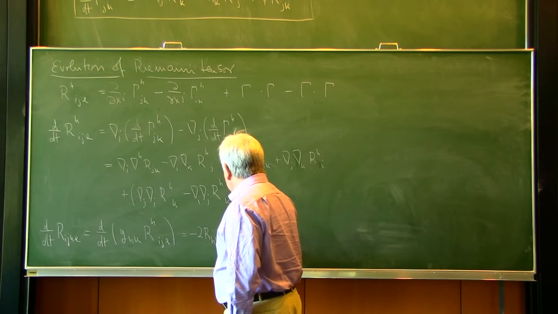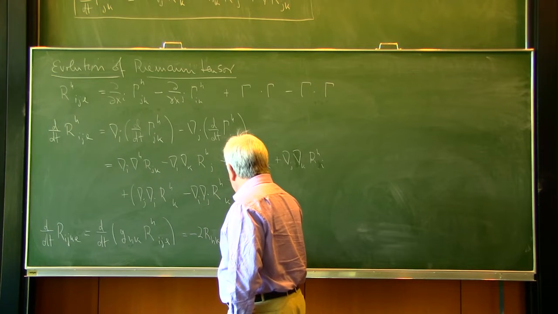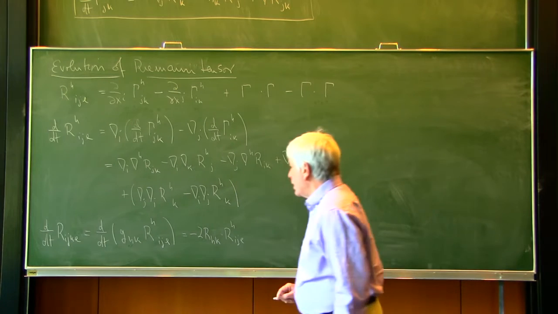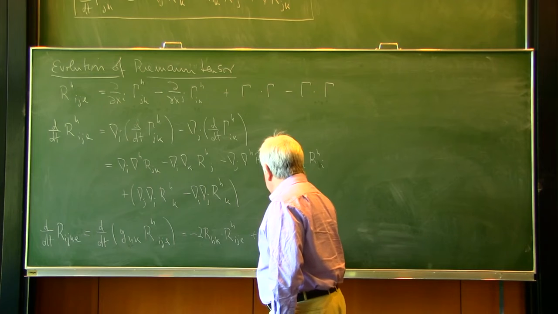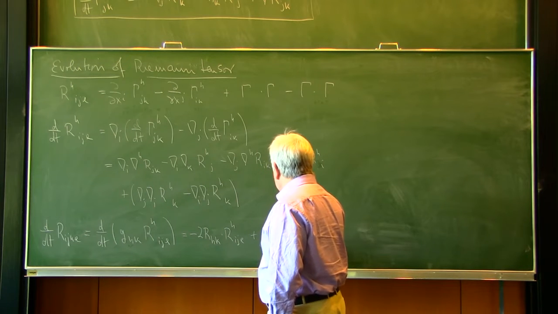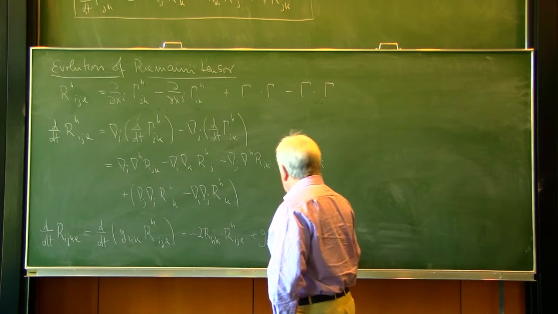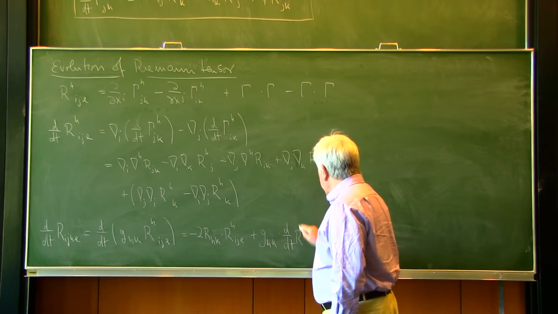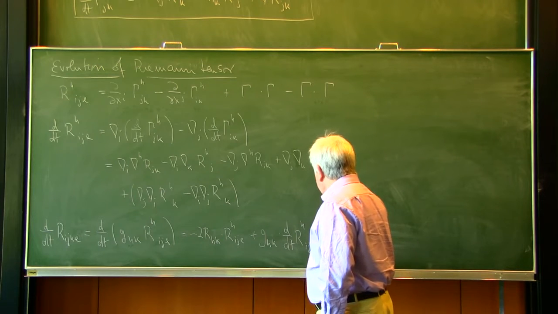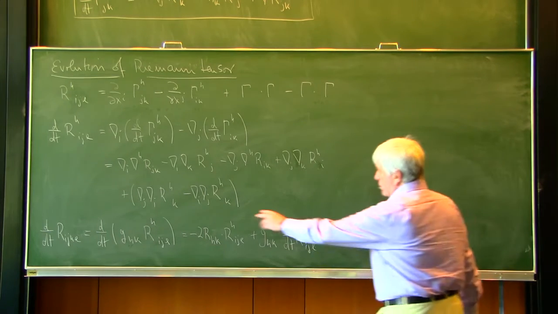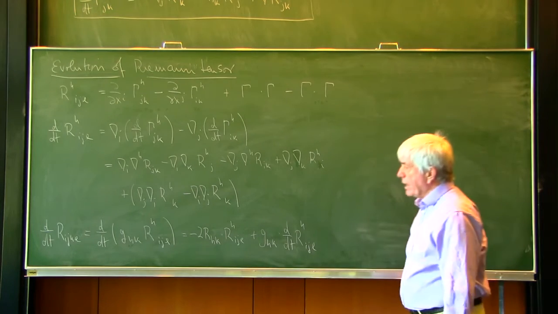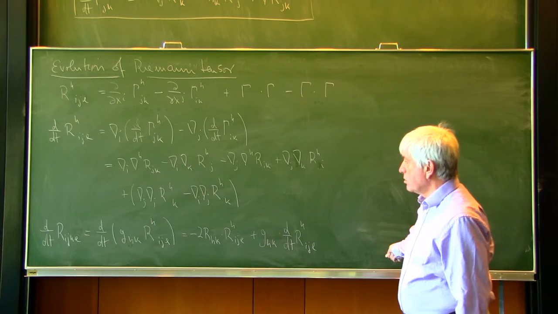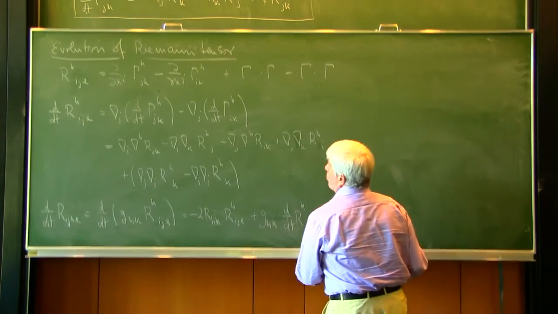times R_{HIJL}, and in addition g_{HK} times the time derivative that we just computed of R_{HIJL}. So we have this term, and for this we can insert the formula up here, and this will lead to the following.